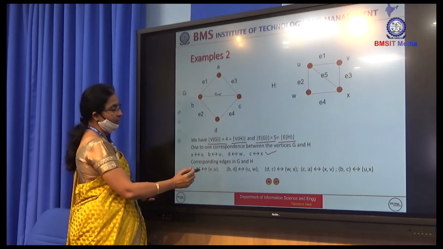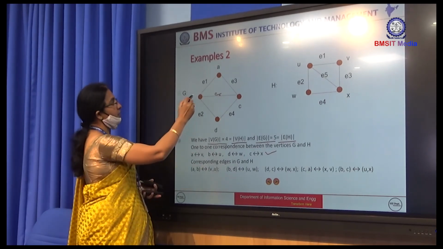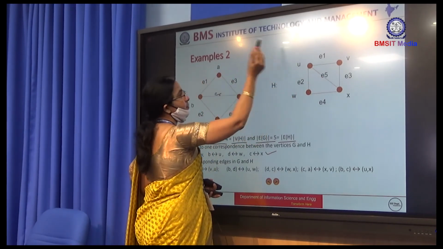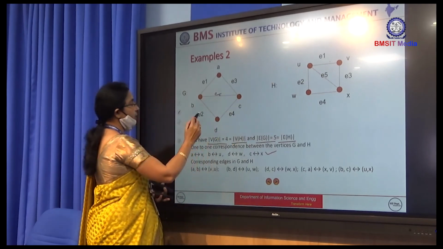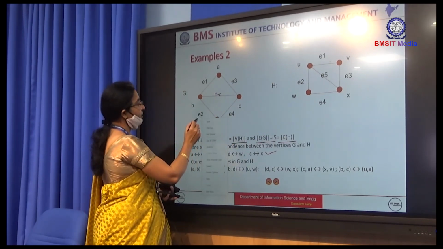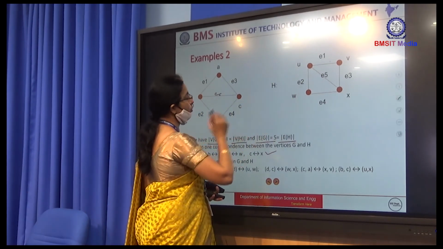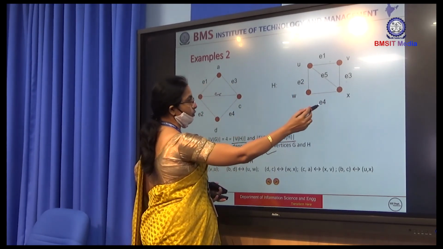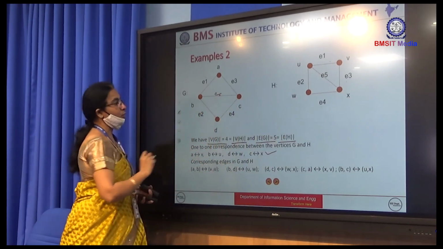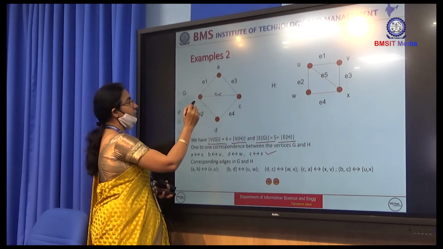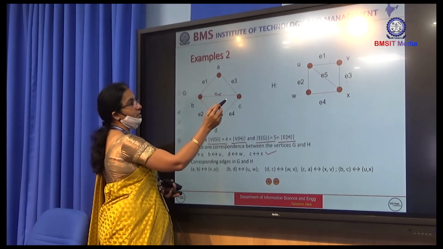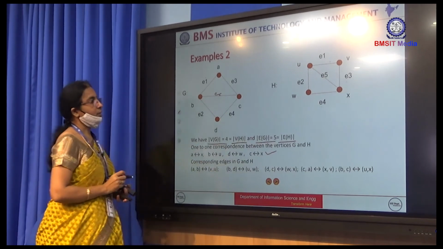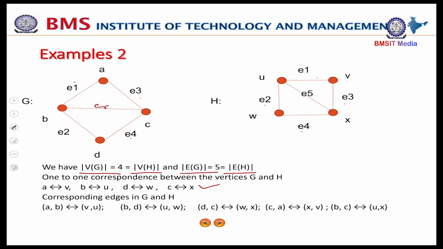AB is mapped to V comma U, so E1 is mapped to E1 here, E2 in graph G is mapped to E2 here, E3 is mapped to E3 here, and E4 is mapped to E4 here. E5 is from B to C and E5 is from U to X. So there is one-to-one correspondence with respect to edges as well.